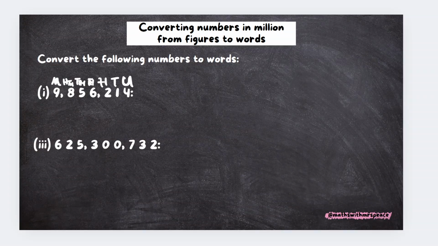So if we're going to translate this to words, we have 9 million. I'm just going to go ahead and write that now. We have 9 million. We're going to separate this with a comma, just like it is written in figures as well. And for the next batch of numbers, we have 856,000. So I'm going to write that.